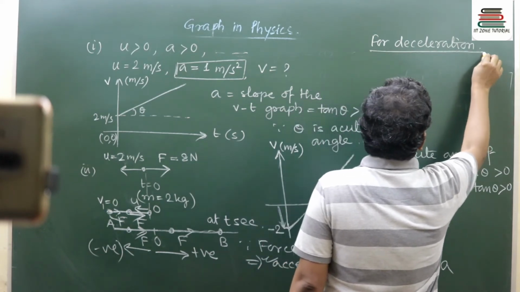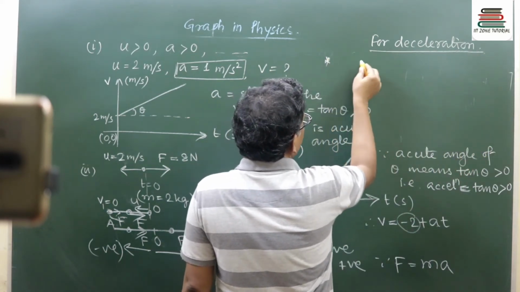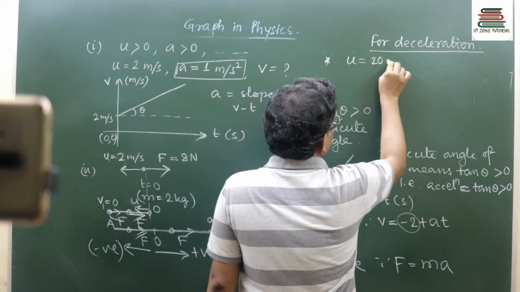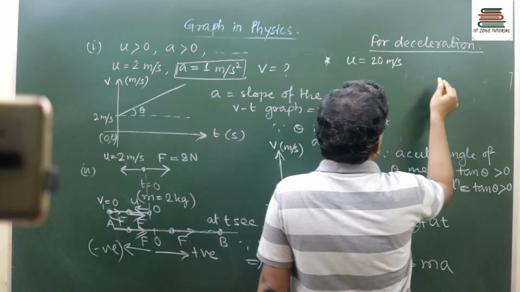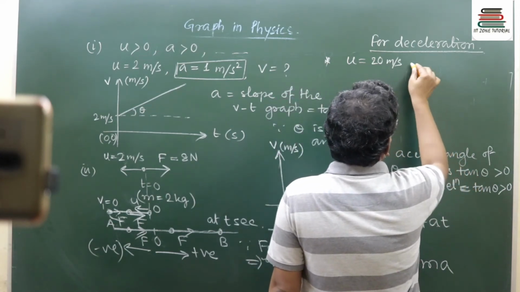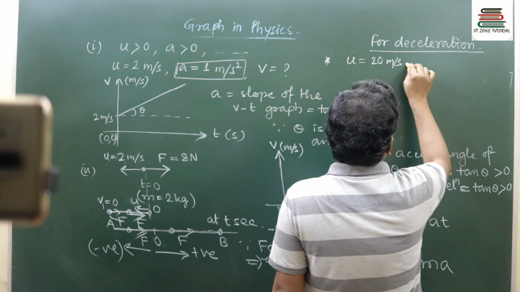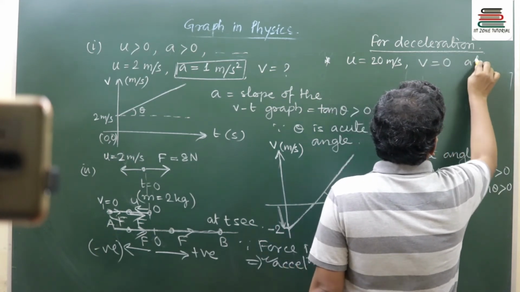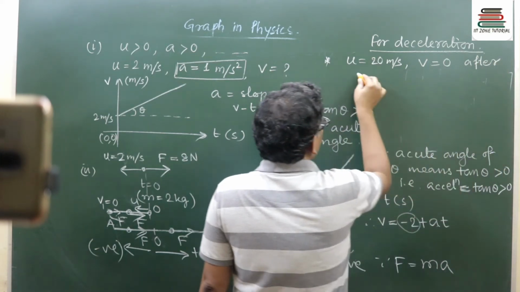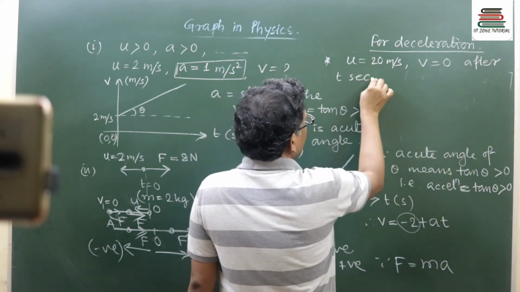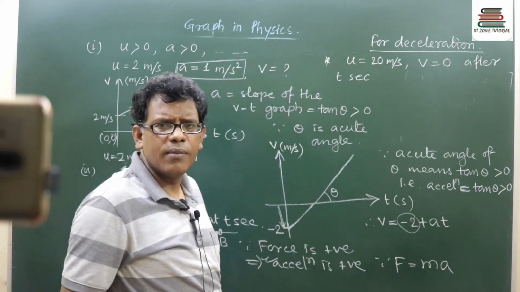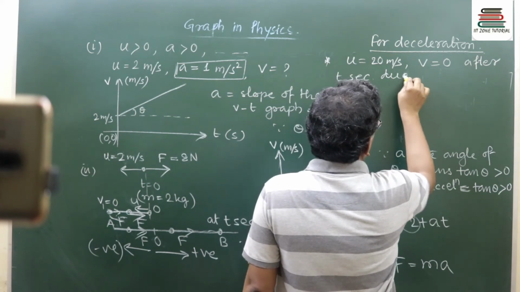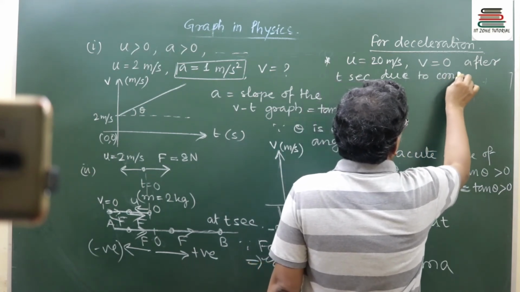Suppose we have to represent a case where the initial velocity is, for example, 20 meters per second, and that velocity finally comes to 0 after t seconds, it's not mentioning after what time, due to constant retardation.